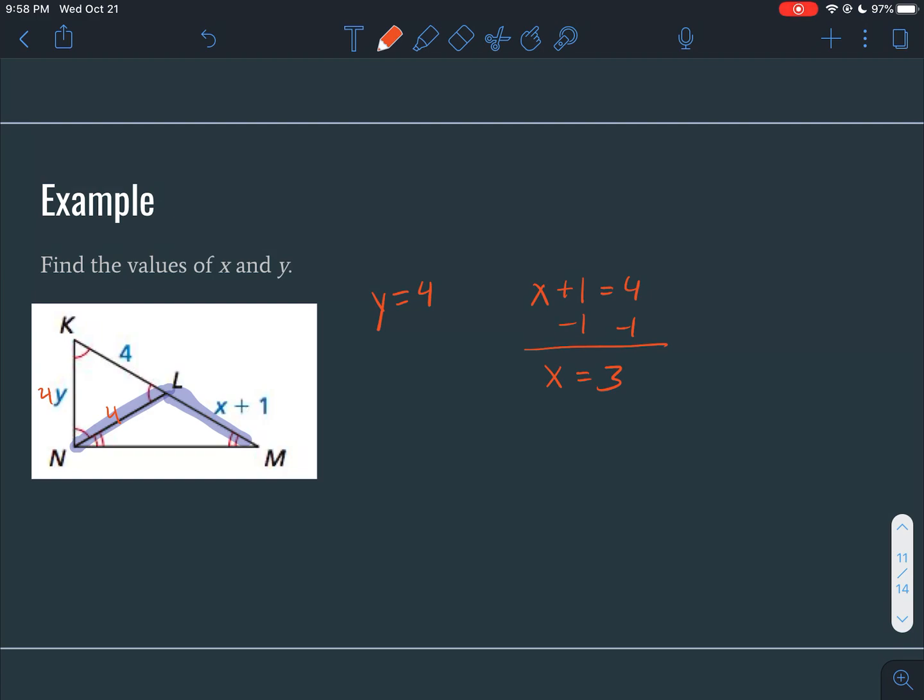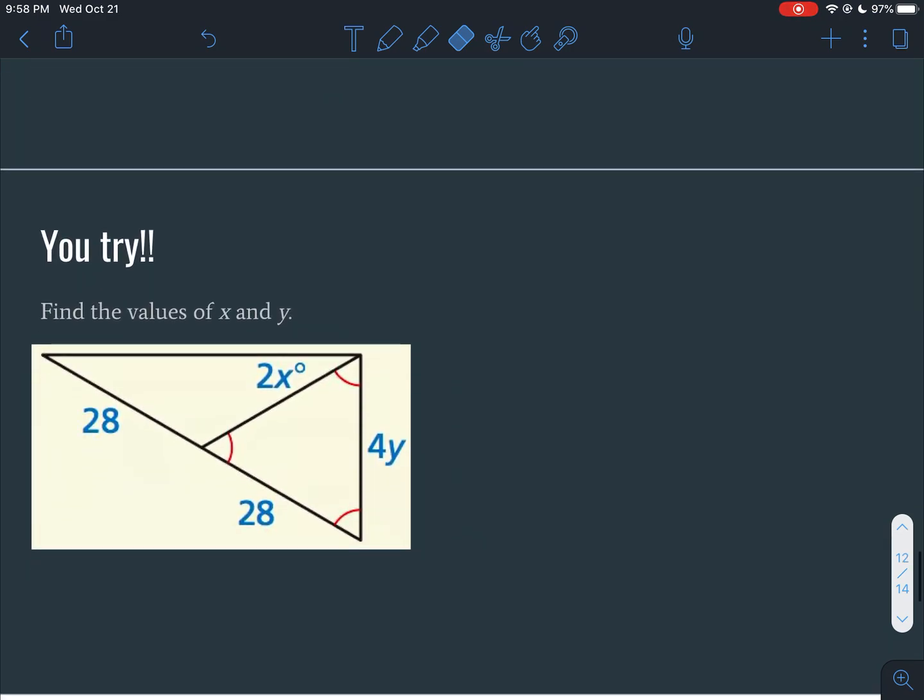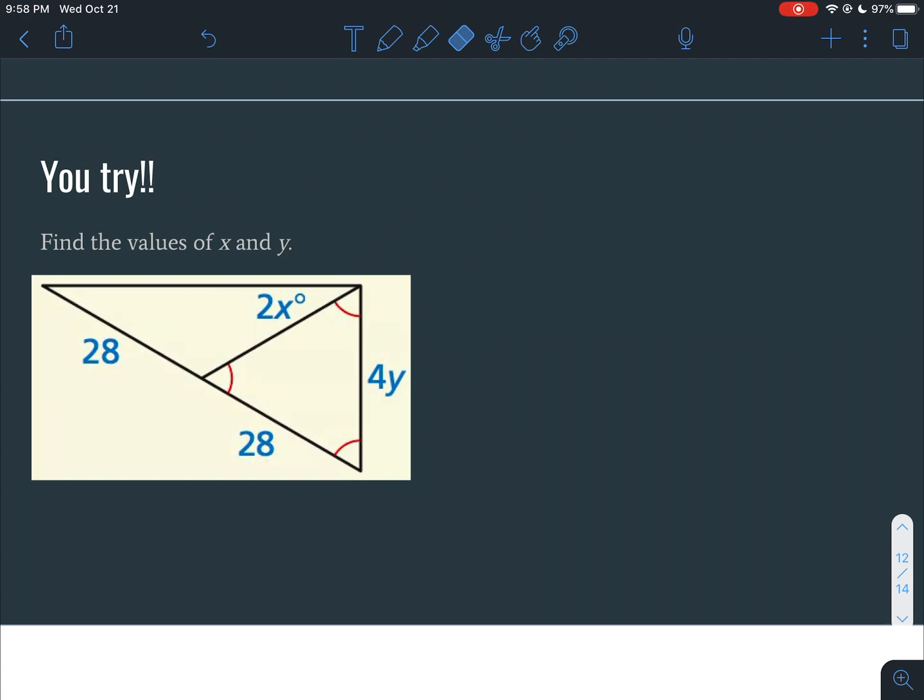Because you've got an equilateral triangle where all 3 sides are the same, and an isosceles triangle where 2 sides are the same. All right, so take that and apply it to this one. Find the values of x and y. Notice on this one, x is an angle though. Keep that in mind.